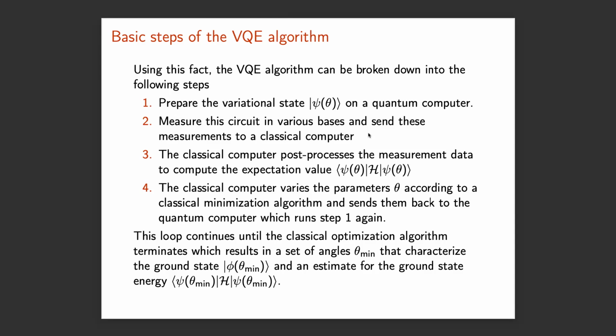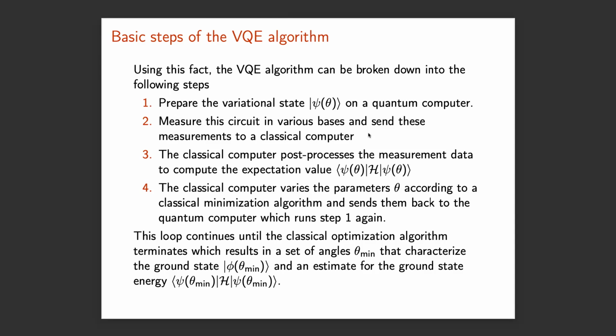So I'm going to step you through some basis sets which you can have, but you will see that if you have many basis sets for which you can make a measurement, your calculations are just going to be unwieldy. Now, the classical computer then post-processes the measurement data, and then it computes an expectation value.